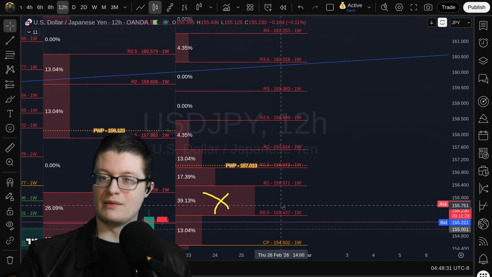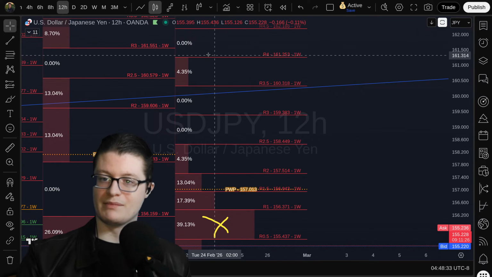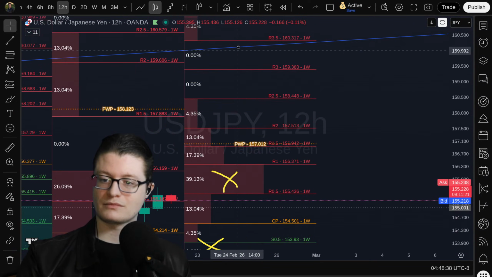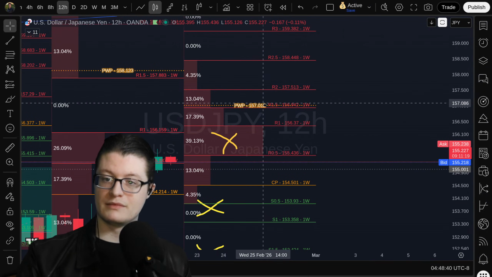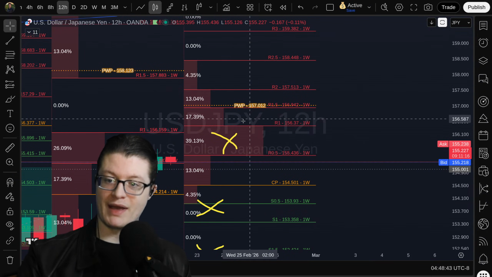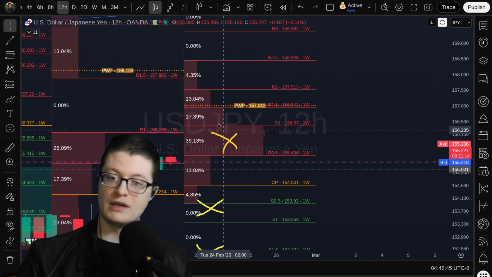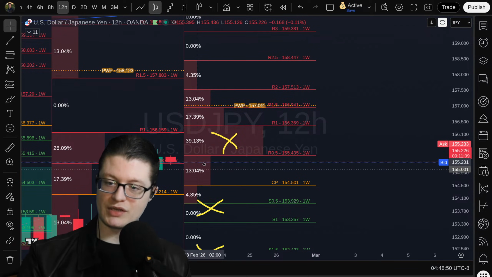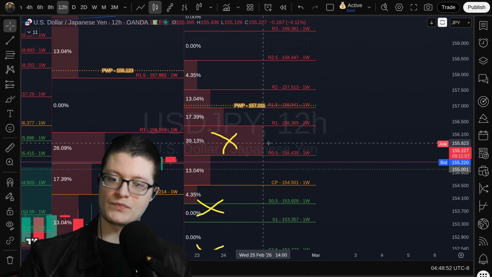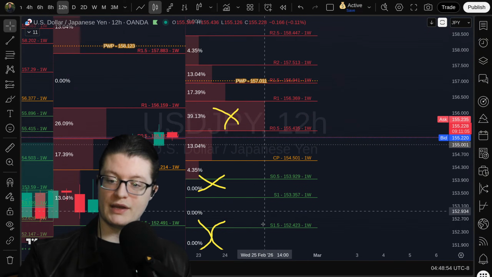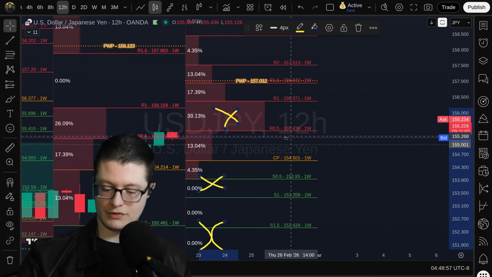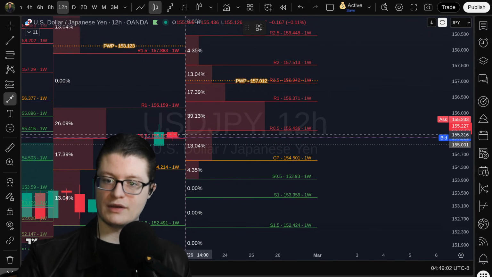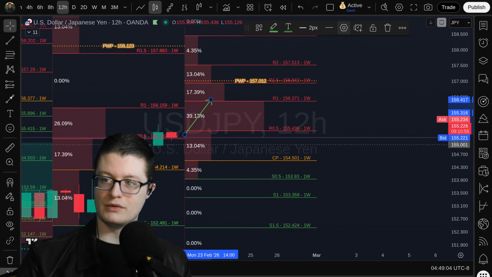And the probability weighted pivot seems like it's getting a bit skewed by these two outliers here. But it's weighted, so it's still going to be massively pulled by this. Also this odd is quite big. It's not a totally symmetric thing, so I wouldn't be surprised if I see something along the lines of this up to R1.